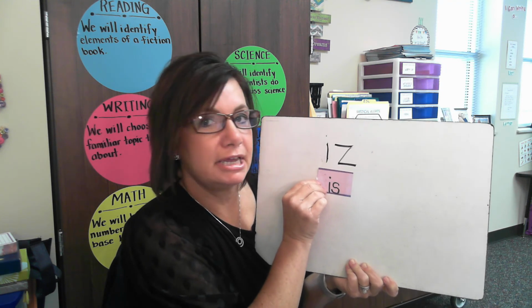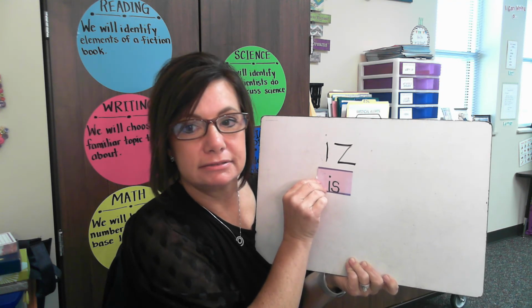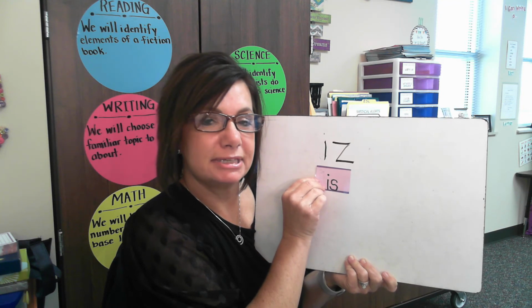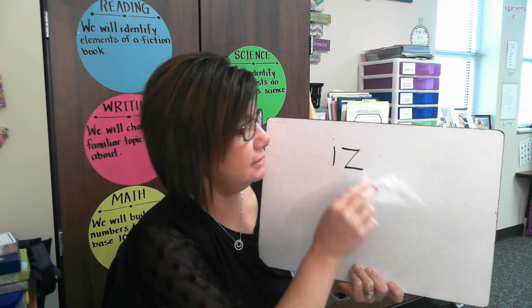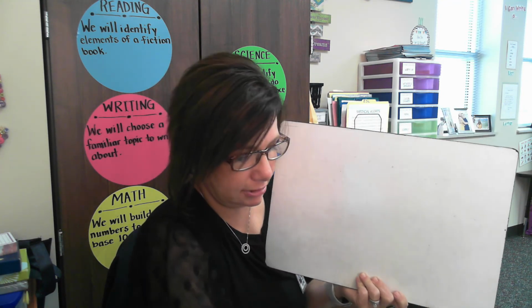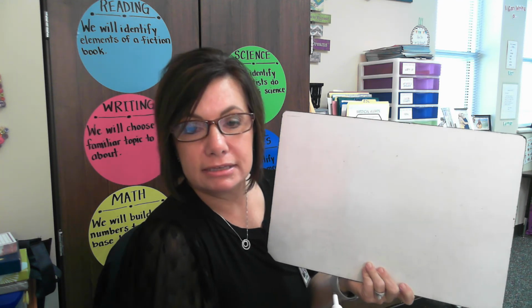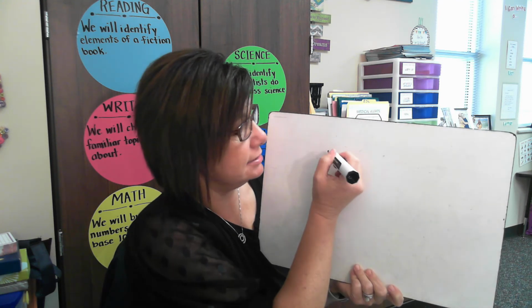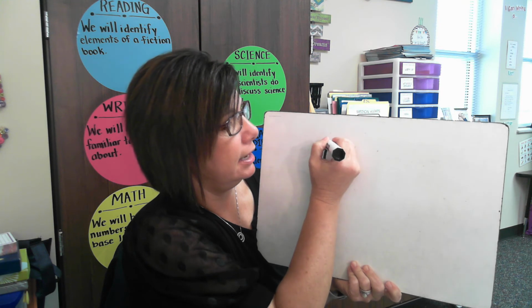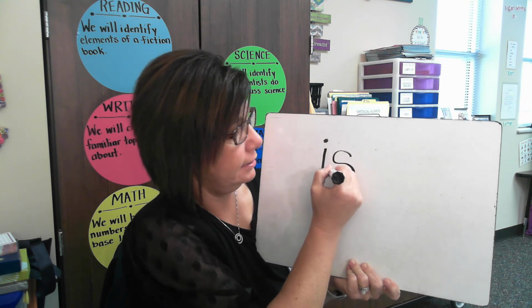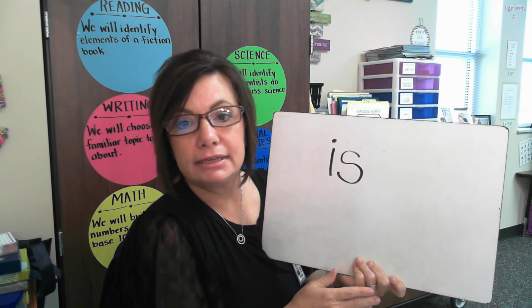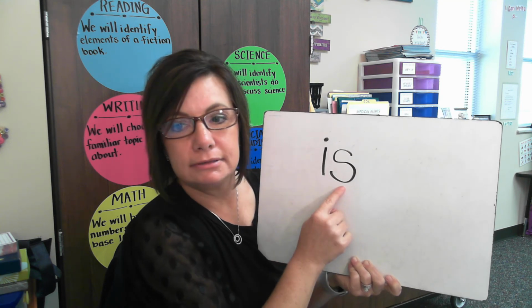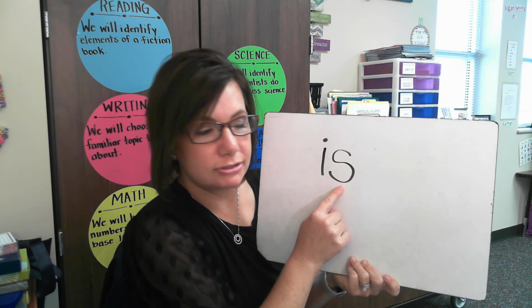But does that look the same? It doesn't. Sometimes the S makes a different sound. Let's get rid of that because that is not correct. We don't want to learn it the wrong way. Is. I-S. Let's write it. I-S. Is. 2 small letters.